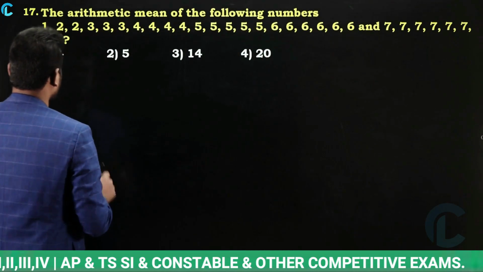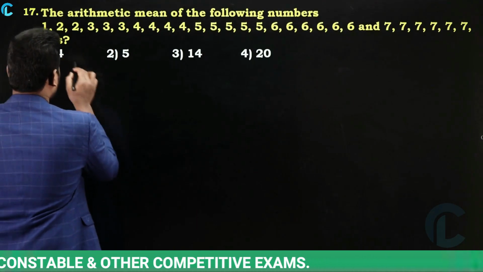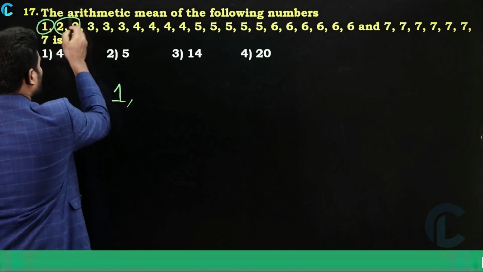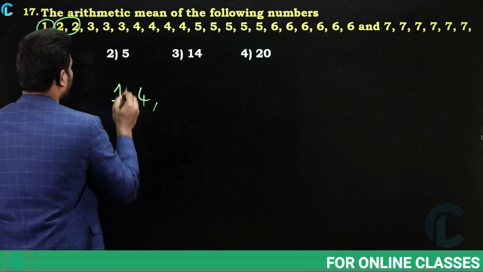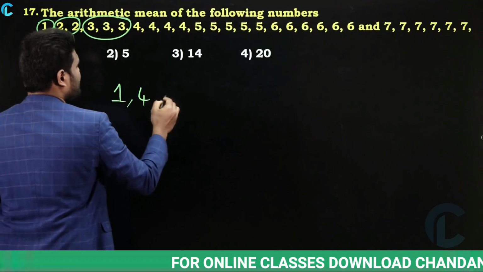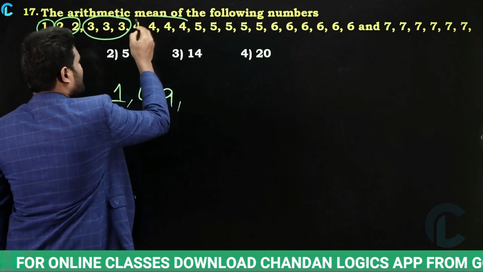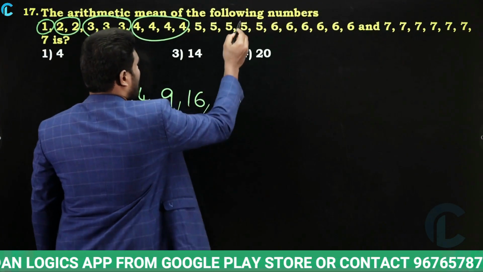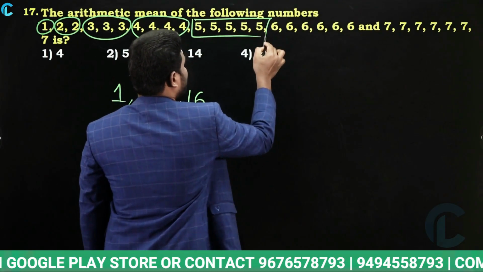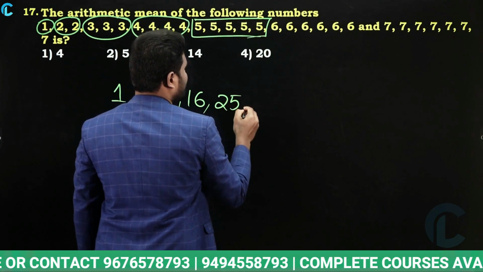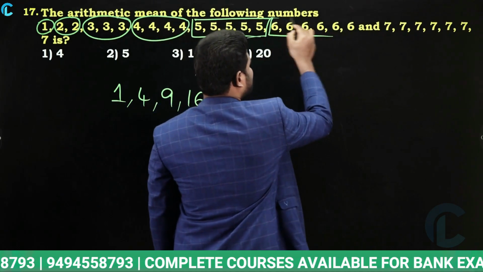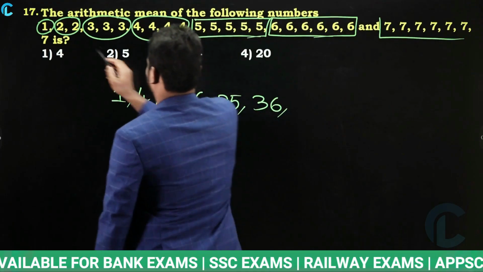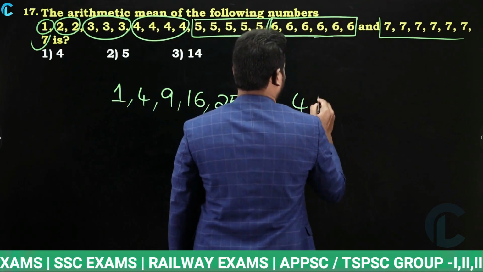Now, if you have observed here, can I write these numbers as 1 as 1, and similarly this 2 plus 2 is nothing but 4, and similarly 3 plus 3 plus 3 is 9, similarly 4 plus 4 plus 4 plus 4 is 16, and similarly 5 fives is 25, and similarly 6 sixes is 36, and 7 sevens, yes or no, which is 49.